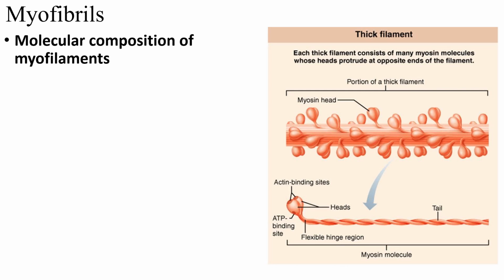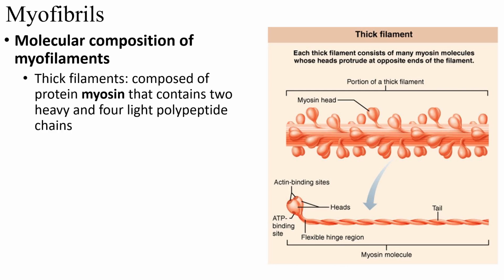Okay, so a little bit more about each of the different types of myofilaments. If we look at the actual composition of these, the thick filaments are going to have this protein called myosin, and the myosin is going to have 2 chains that are considered heavy, and then 4 light polypeptide chains. So these are proteins, okay?